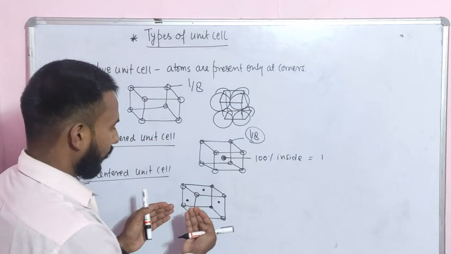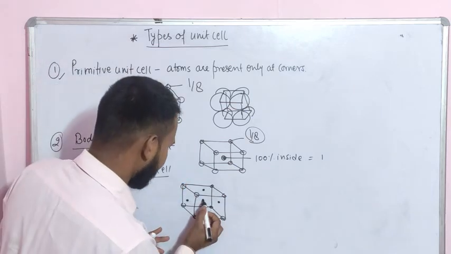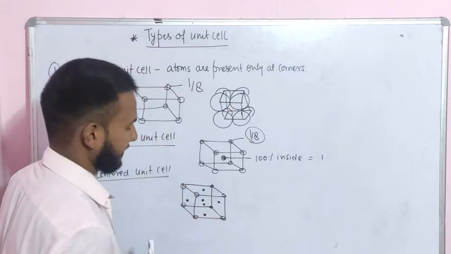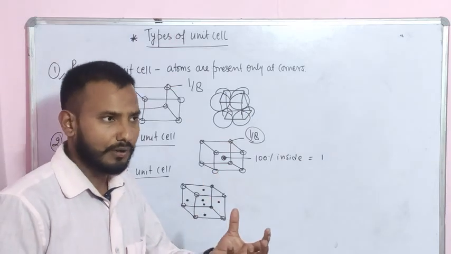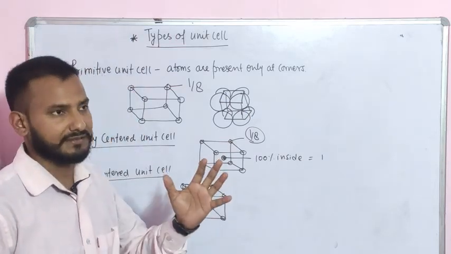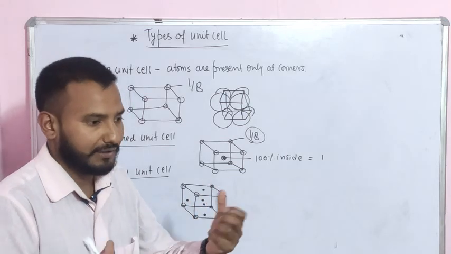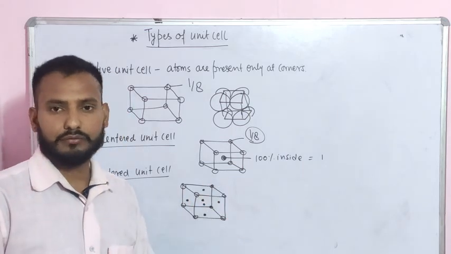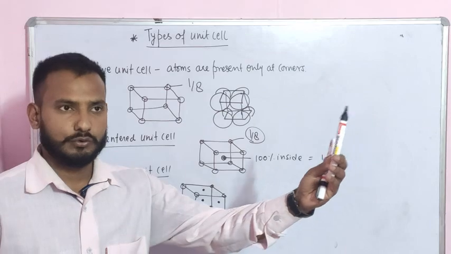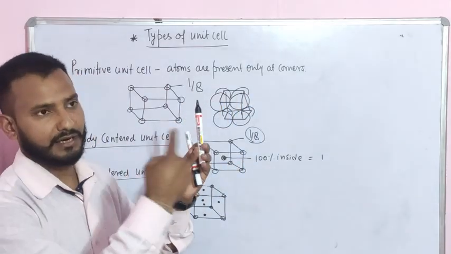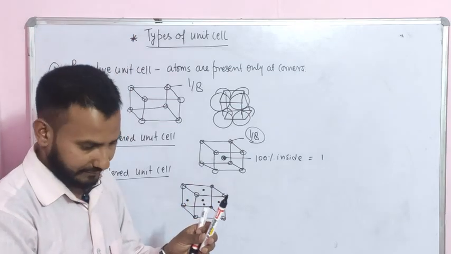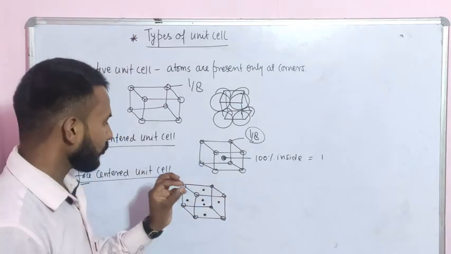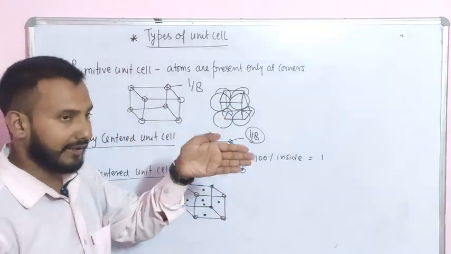Now one will be front and one will be back, 5 and 6. So there are 6 faces. For example, if you are in a room, there are 4 walls around you, one is the roof, the 5th face, and one is the floor. There are 6 faces. So an atom is present in a face.